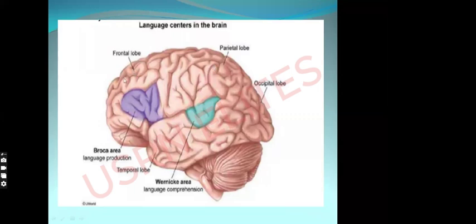The frontal lobe here, the parietal lobe, the occipital lobe, the temporal lobe here. The frontal lobe is responsible for major brain activities like thinking, reasoning, and the rest. The parietal lobe too has its own function, touching and feelings and the rest.